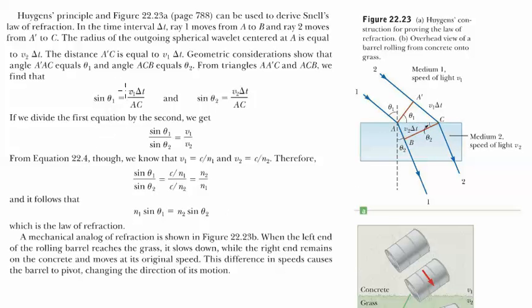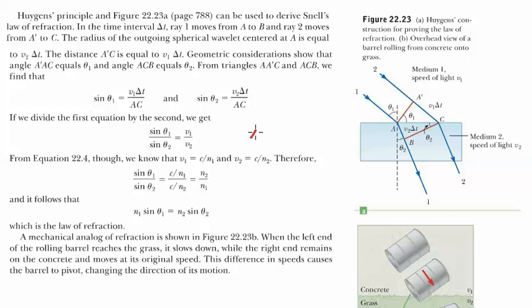If we divide the first equation by the second, we get sine theta 1 over sine theta 2 equals v1 delta t over v2 delta t. The delta t's cancel. We get just sine theta 1 over sine theta 2 equals v1 over v2.